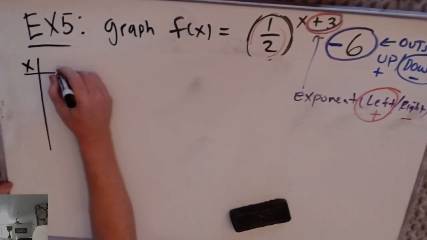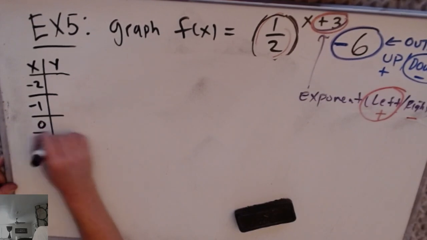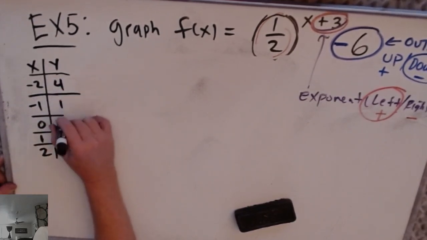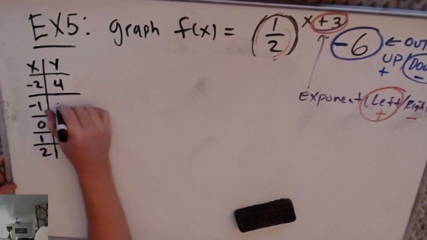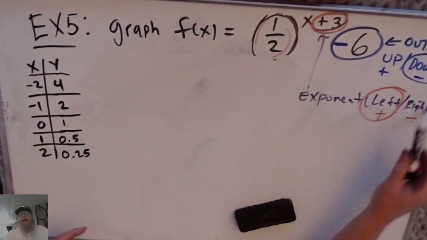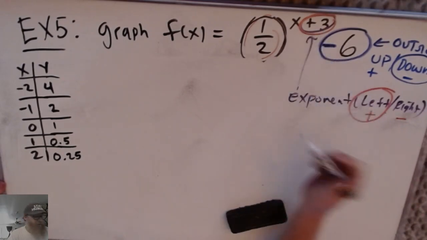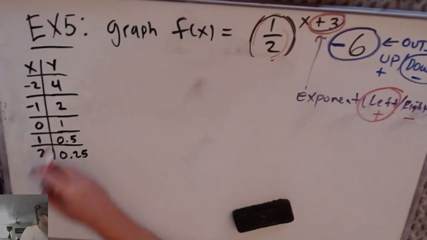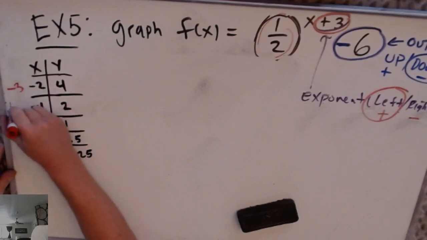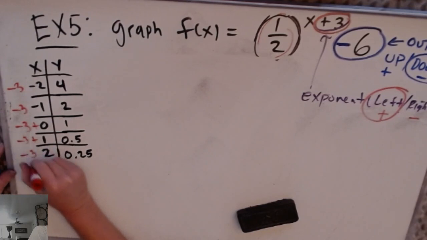So I've got my x and my y. I'm going to go left 3 units. So I'm adding -3 to all my x's.